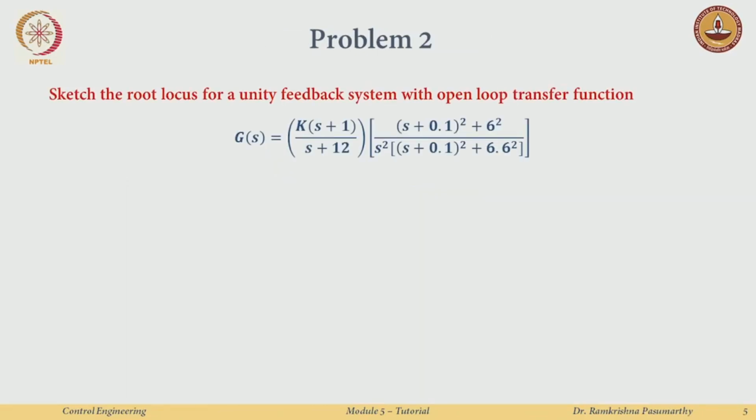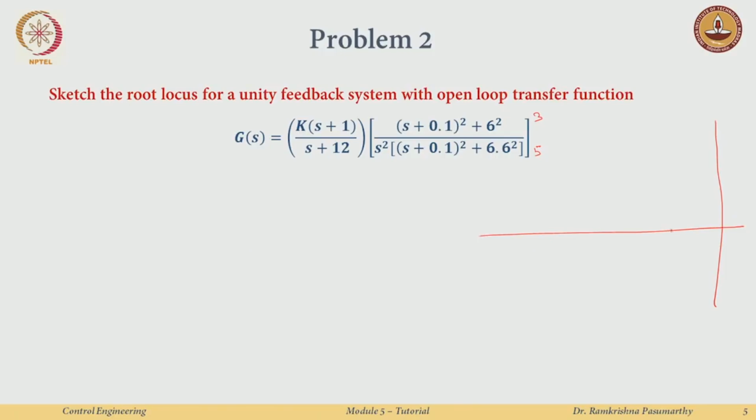Okay. So, the second example. Here I have 3 zeros, and I have 1, 2, 3, or 5 poles. So, 5 poles would mean 5 branches. Let us just locate these poles and zeros.